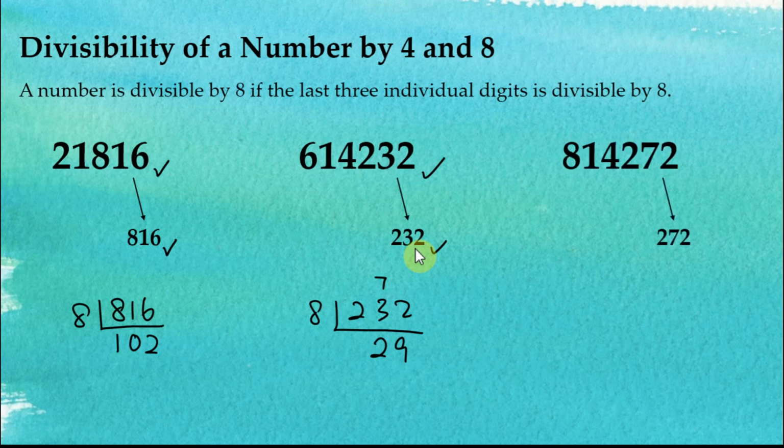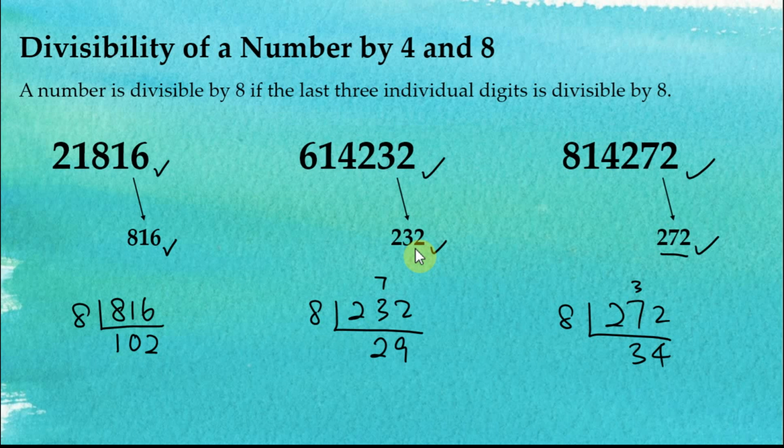Let's see another example, 814,272. 272 divided by 8. 8 times 3 is 24. The remainder is 3. And 8 times 4 equals 32. So 272 is divisible by 8, and therefore this number is divisible by 8.